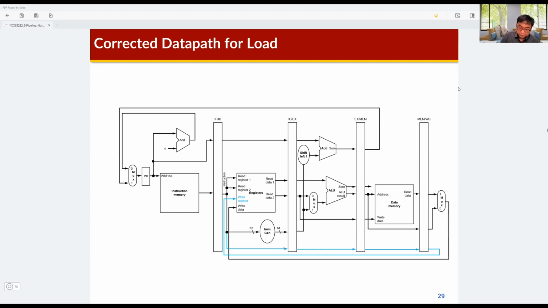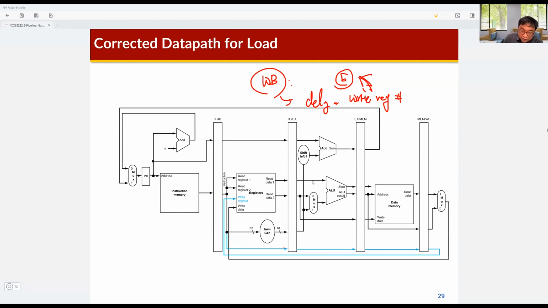Because the write back of the instruction is performed during the write back stage, that is clock cycle number 5 of the instruction, we just delay the required write register number for this result data, and then this write operation can be performed during the write back stage.